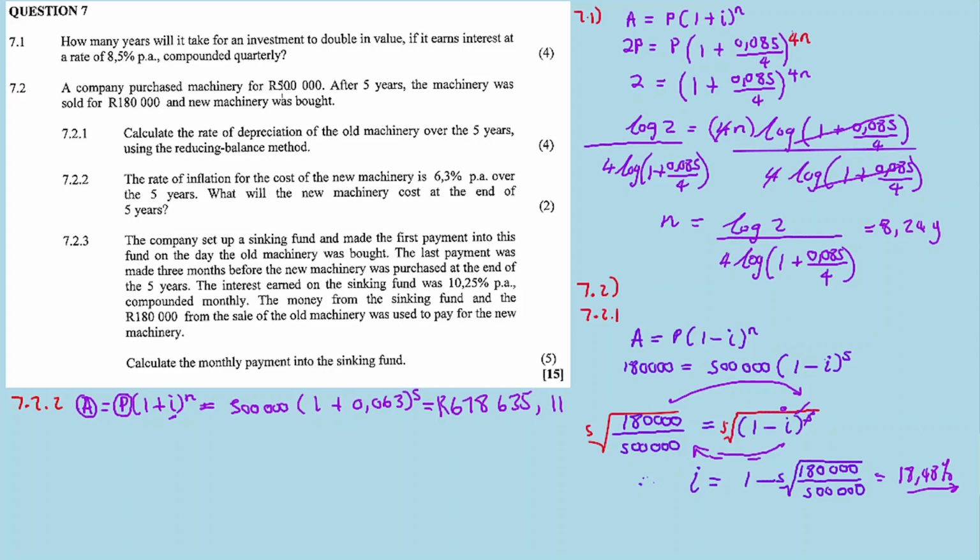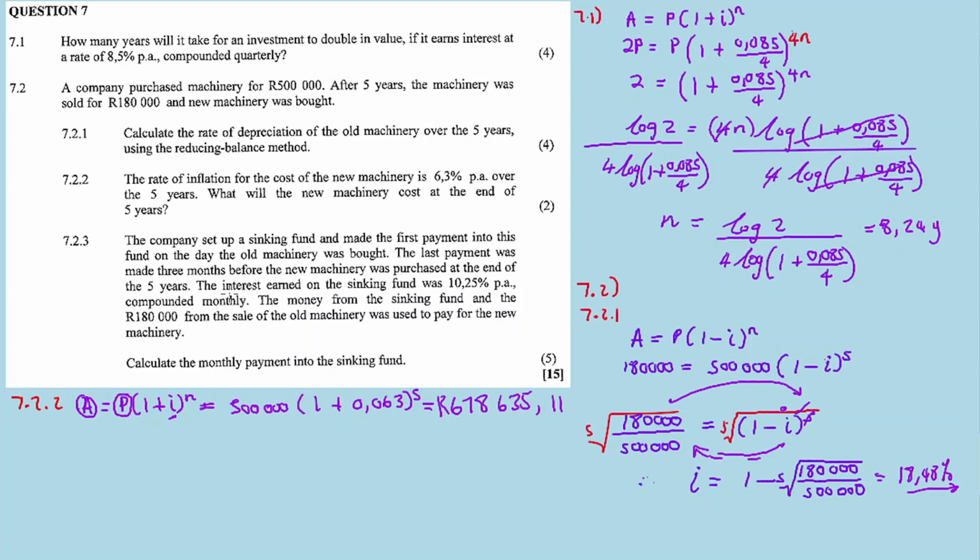Today it costs 500,000, so when buying this machine, I also set up a sinking fund. I make the first payment when opening the sinking fund. The last payment was made 3 months before the new machine was purchased at the end of the 5 years.